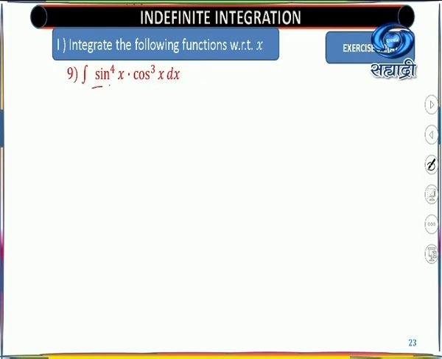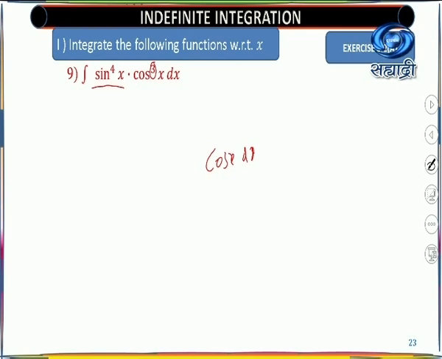Now if you will substitute for the sine, you know that while taking the derivative you will get cos x dx, and here you are having an odd power of cos. This way you start thinking where to substitute, that is also important.